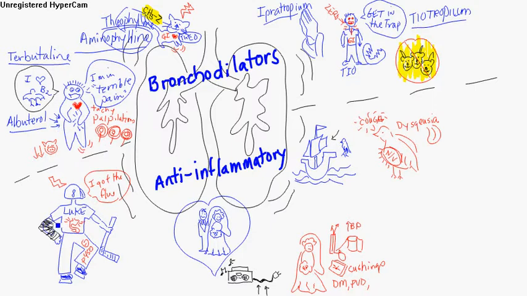Okay, done with the bronchodilators, let's go down to the anti-inflammatories. Right here you've got Luke, who is playing hockey, that's my nephew, and he's got a cast on it, so it's a leuko cast. Leuko's in a cast.